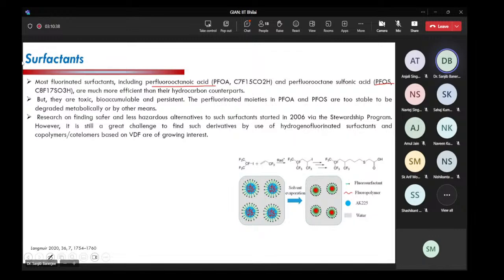Let me ask, how many of you are aware of Teflon? Just write Y or N so that I know where to start from. Just write Y or N if you are aware of Teflon.